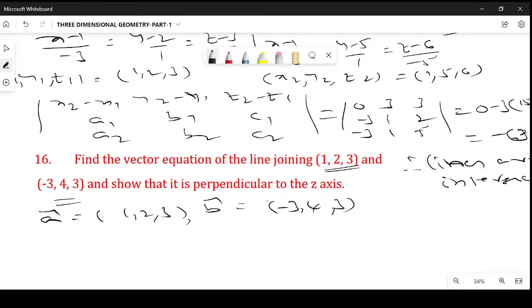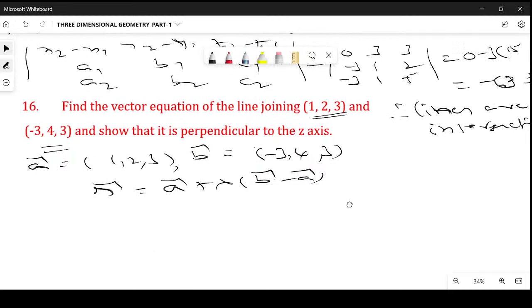For the line passing through these points, the vector equation will be r bar equal to A bar plus lambda into (B bar minus A bar). If you use this formula, I can write it now.